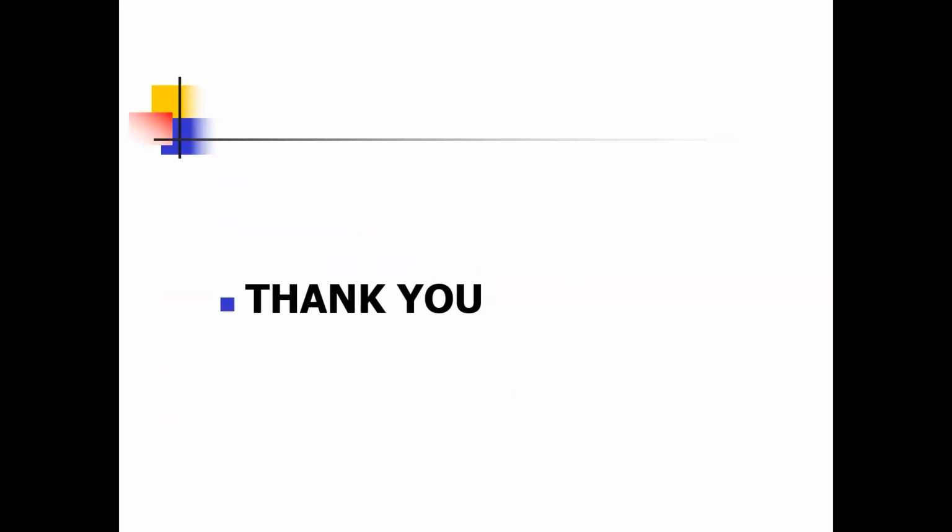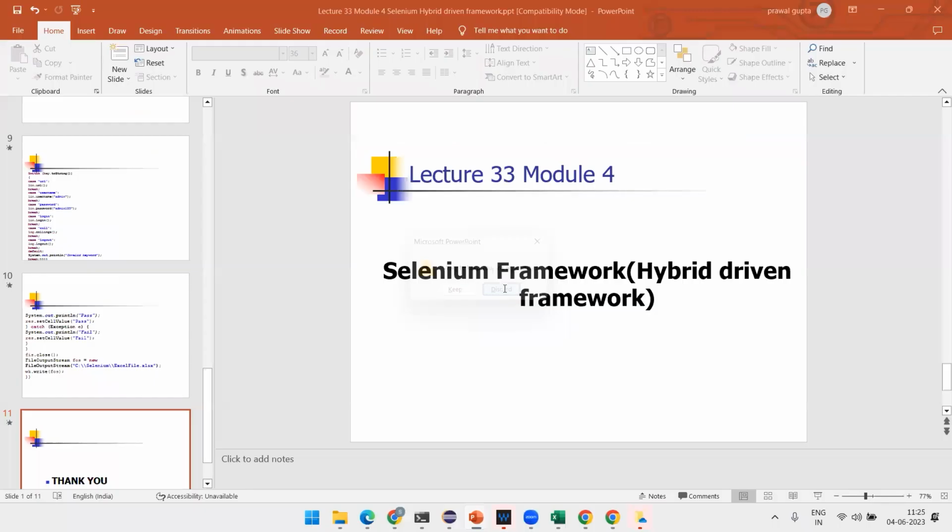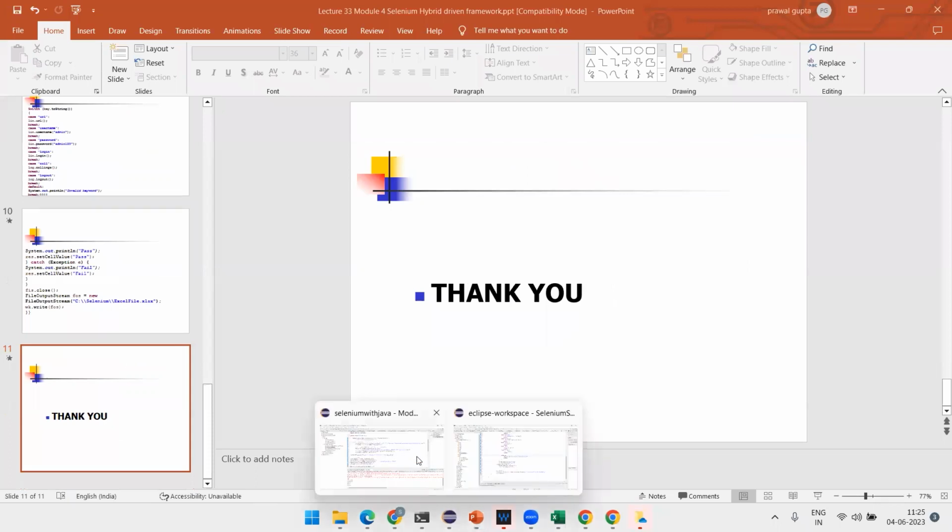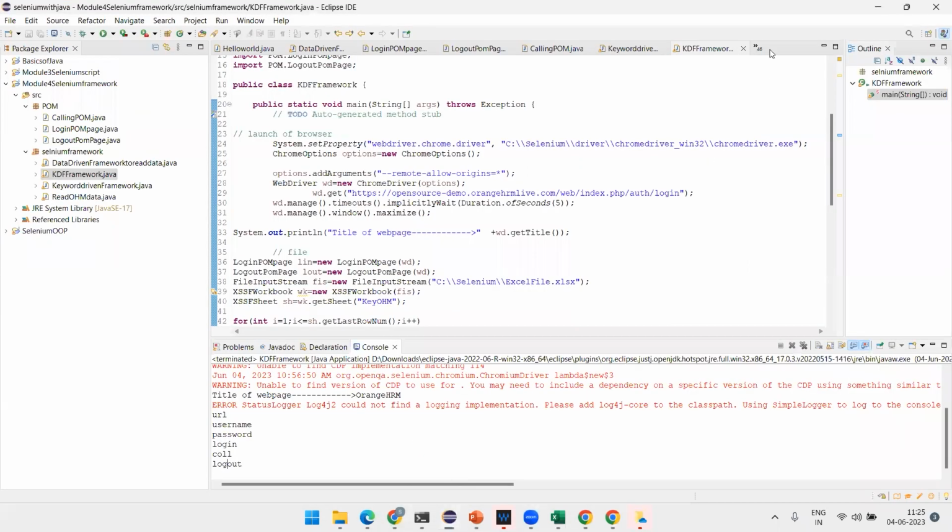Now we will see this programming, the actual programming, in the Eclipse software. So let's come out of the PPT mode, and start your Eclipse. See, this is our Java project. Module 4 is going on. In Module 4, we have created a package, Selenium Framework.